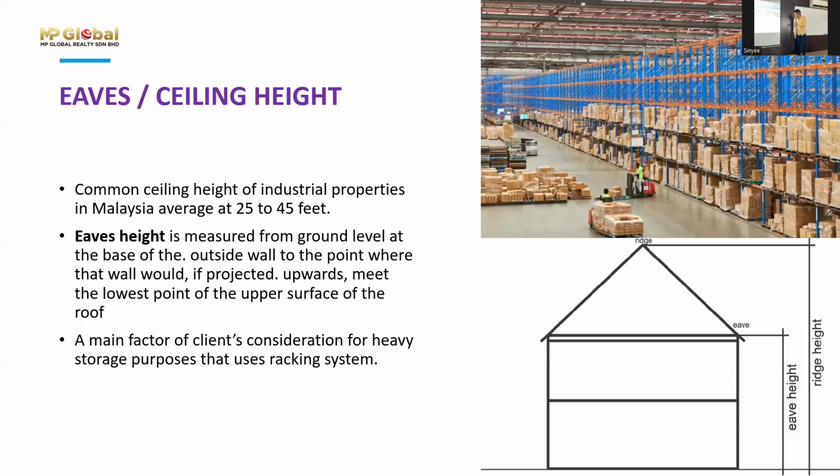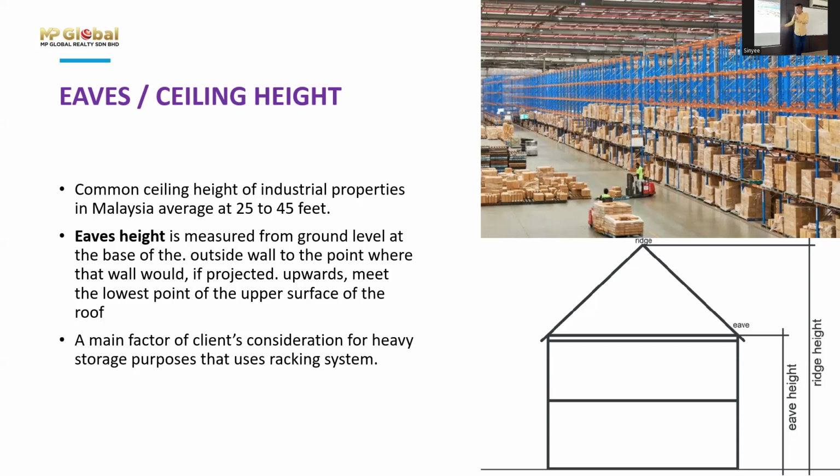Okay. So this is the eave height. That means the base of the roof up until here. This is called eave height. This is ceiling height. So what clients look at is actually the eave height, not the ceiling height. Because why? This place is definitely usable, but here until here is not really usable.